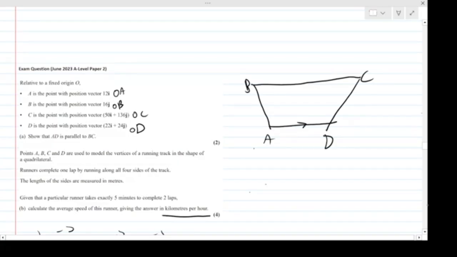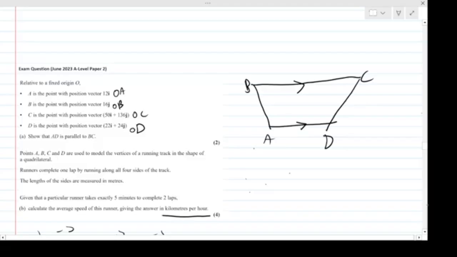AD is parallel to BC, so that's where my sides are going to be, because it resembles a trapezium, where one pair of opposite sides are parallel, which is what we proved in part A. If you wanted to be more accurate, you could plot these points as coordinates and measure it that way. It's completely up to you, but you don't need to spend much time worrying about how accurate your sketch is.